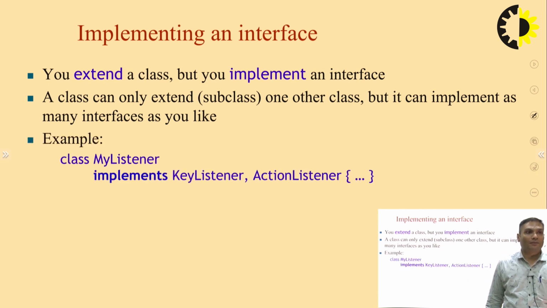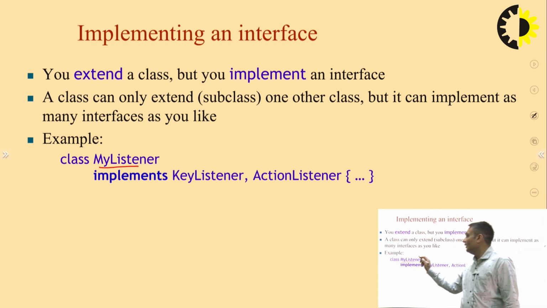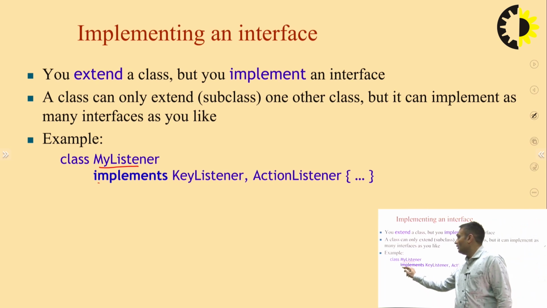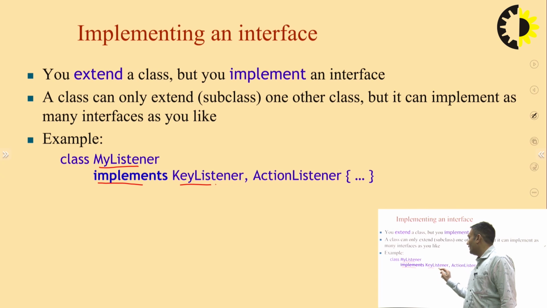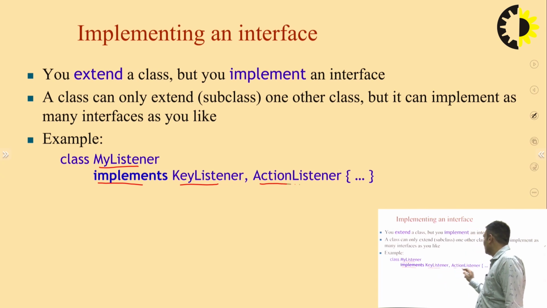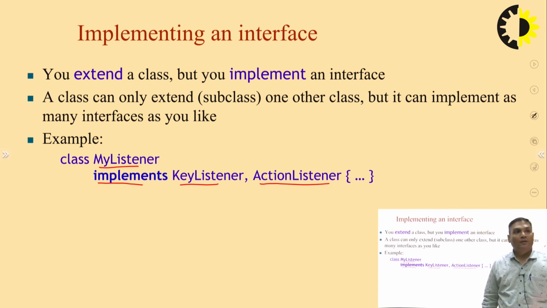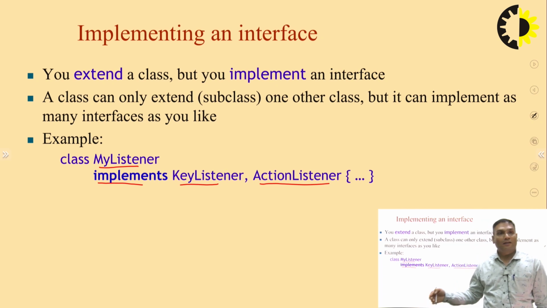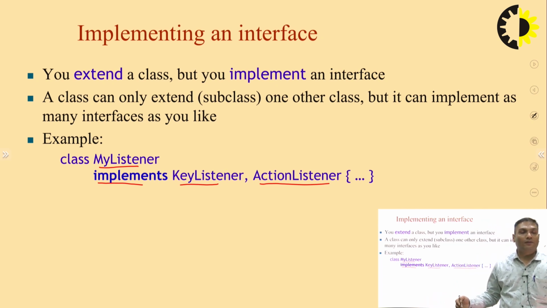Now let's see an example. I'm defining a class MyListener, and this MyListener class is implementing various interfaces. If we want something like multiple inheritance, where we have two or more base classes, that similar concept can be implemented with the help of interfaces.